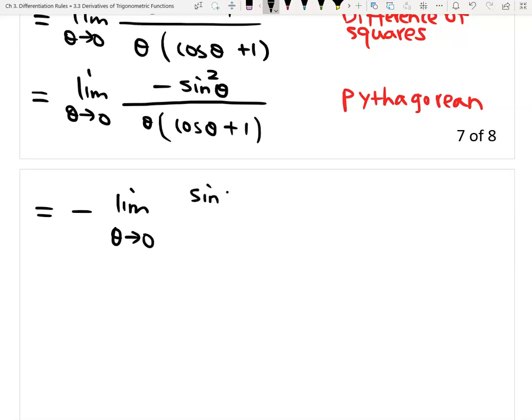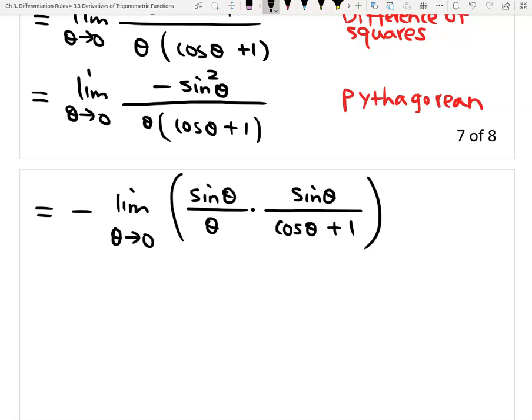Sine theta, put the theta together, do you remember? So we put together and then multiply. Here is sine theta, and another sine theta. What do we have at the bottom? Cosine theta plus 1. See, we do this, okay, it's better I put a parenthesis.